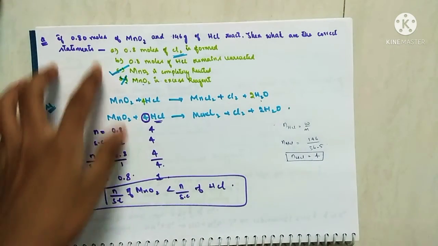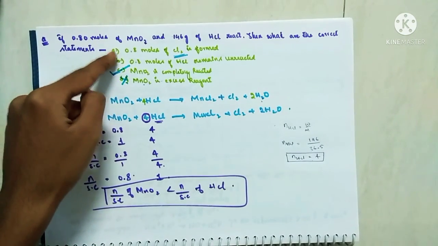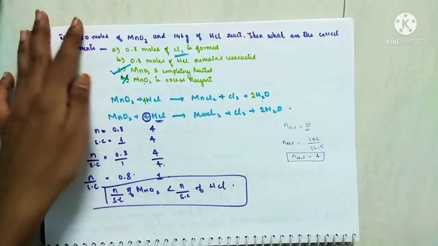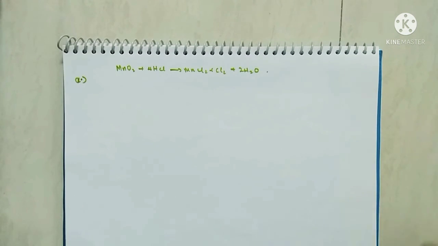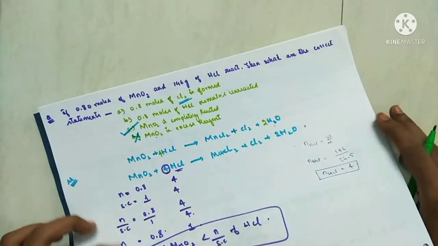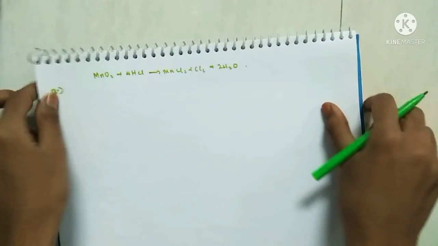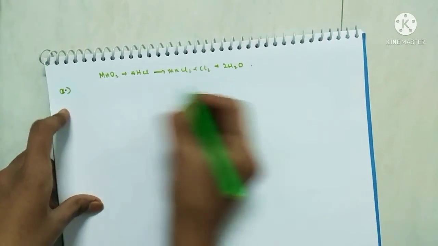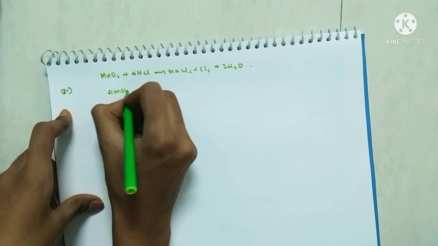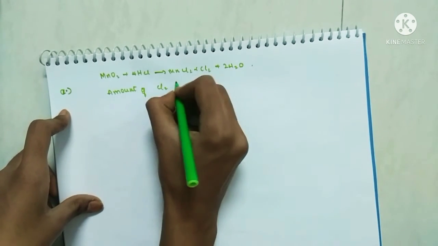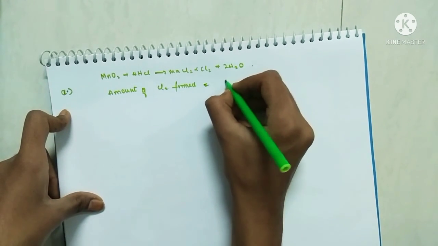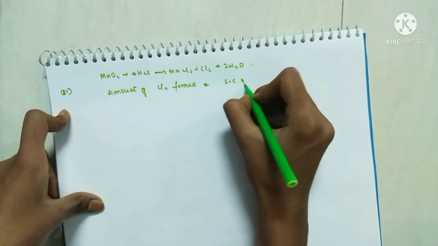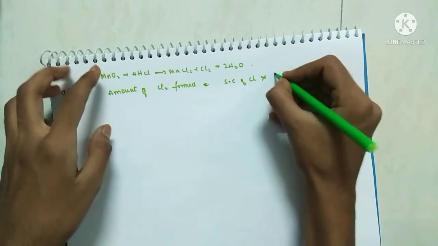The next statement is 0.8 moles of Cl2 is formed. Let's check whether it is correct or not. They asked about Cl2, so the amount of Cl2 formed is equal to the stoichiometric coefficient of Cl2 into the limiting reagent.